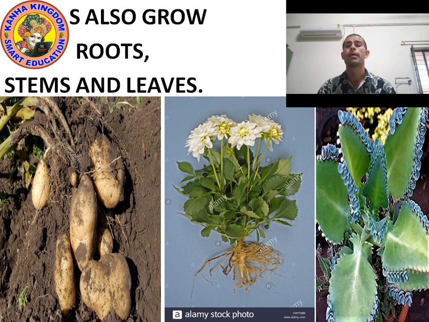Okay, so there are different plants like potato. Can you see the picture of potato? Yes. Dahlia. Where is dahlia? Can you see the picture of dahlia? Between this middle, you can see.